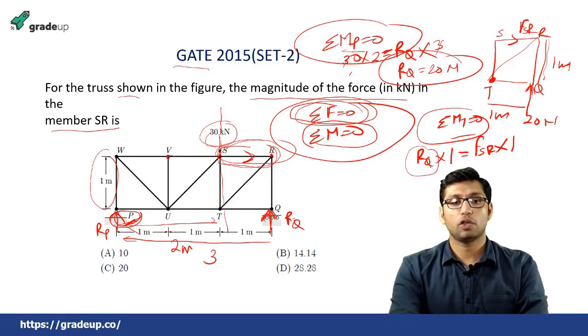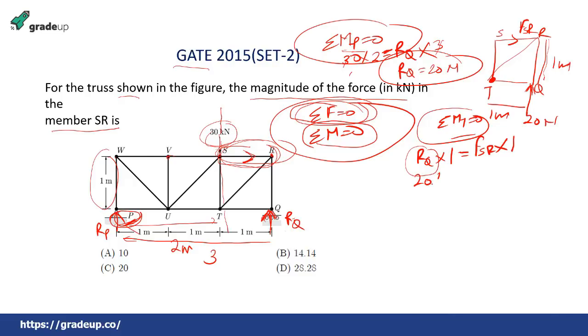You know RQ is equal to 20, so 20 into 1 will be equal to FSR into 1. From here you can get the value of force in member SR, which will be equal to 20 Newton. Okay, so this was the method of section.